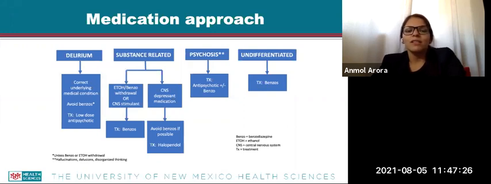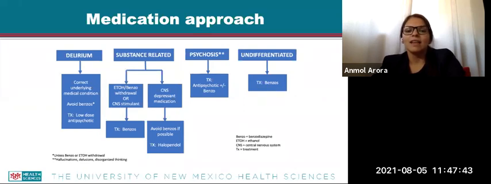In a brief summary, there are benzodiazepines that you use for most of these. Benzodiazepines like lorazepam, which is Ativan, are fast acting.